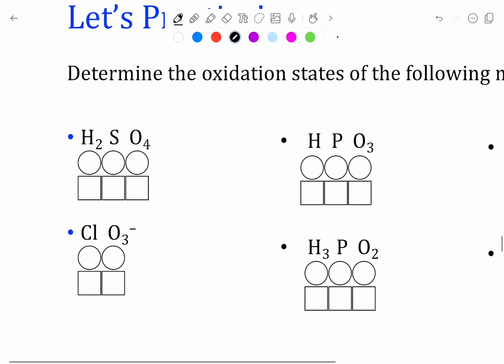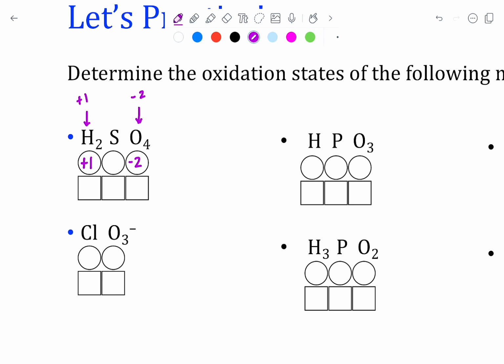So what we want to do, to start these problems, is put in our oxidation numbers that we know based off of our rules. Well, we know that hydrogen is always going to be a +1 and oxygen is always going to be a -2. So that's what we would put into the circles. The individual hydrogen atom has a +1 and the individual oxygen atom has a -2.